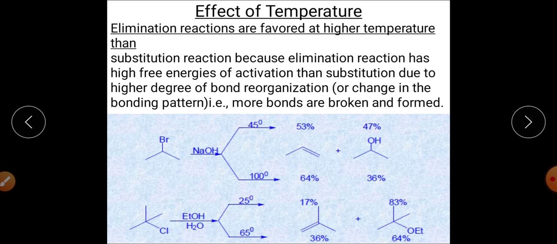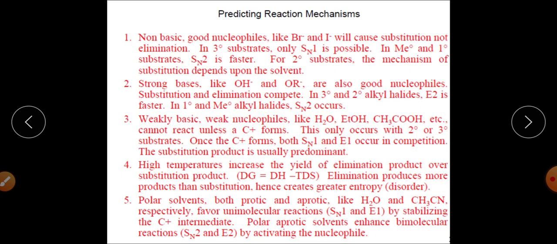So this is the effect of temperature on the elimination substitution ratio. How can you predict the reaction mechanism that has been written particularly on this slide, and I have concluded all the parameters, that is the nucleophilicity and basicity, the substrate structure effect, effect of temperature, effect of solvent, and similarly the effect of structure of the base.